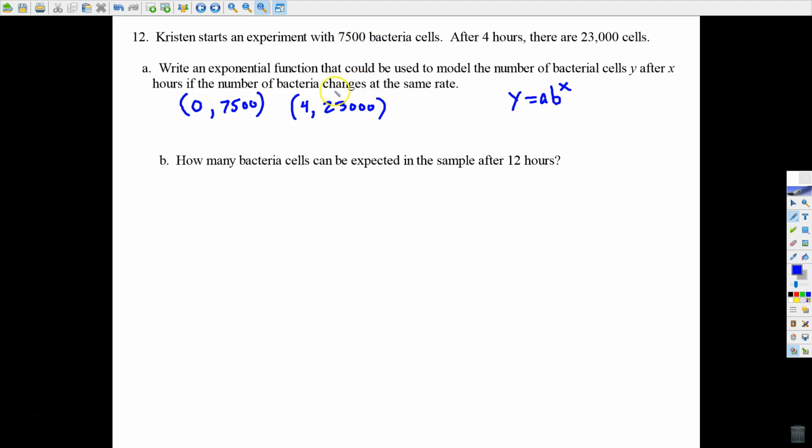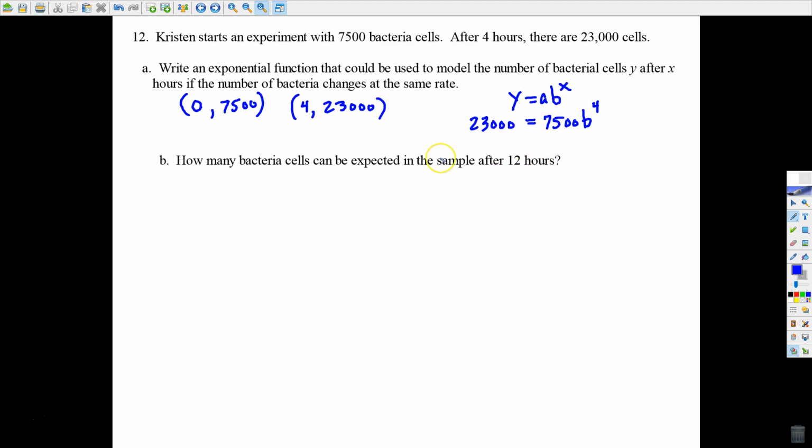So we're going to have to use this ordered pair to help us solve for b. All right, so using this ordered pair, y will be 23,000. A, the initial value again, or you can think of it as the y-intercept, is 7,500, and we're trying to find b, and x out of this ordered pair would be 4.